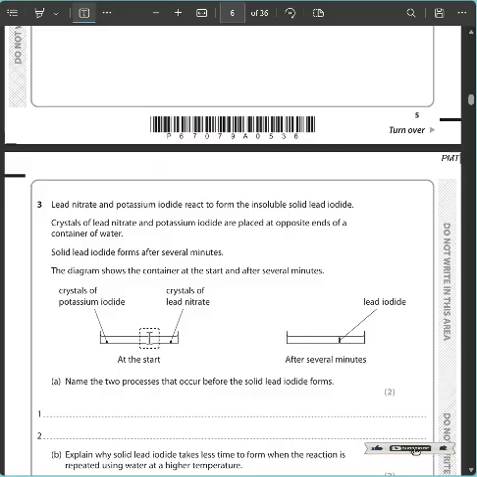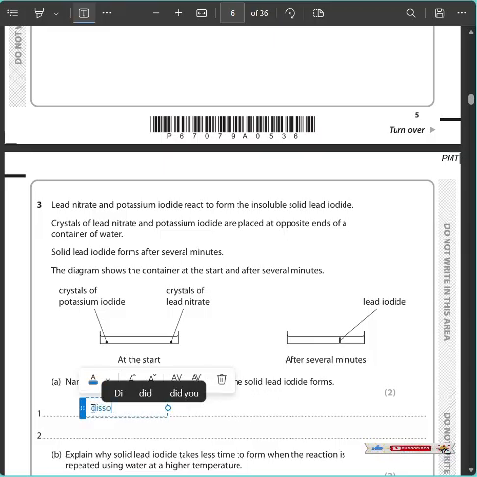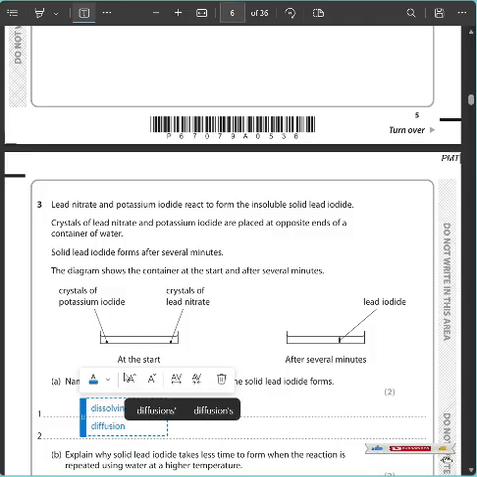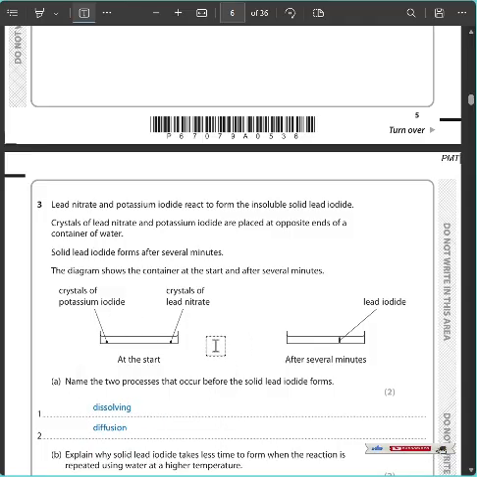Name the two processes that occur before the solid lead iodide forms. Dissolving and diffusion: the potassium iodide and lead nitrate crystals will dissolve and their particles will diffuse.